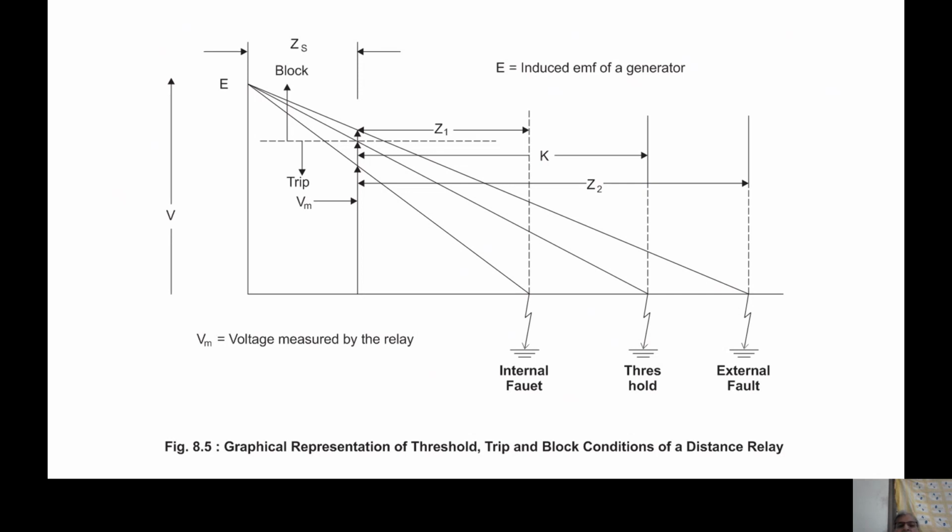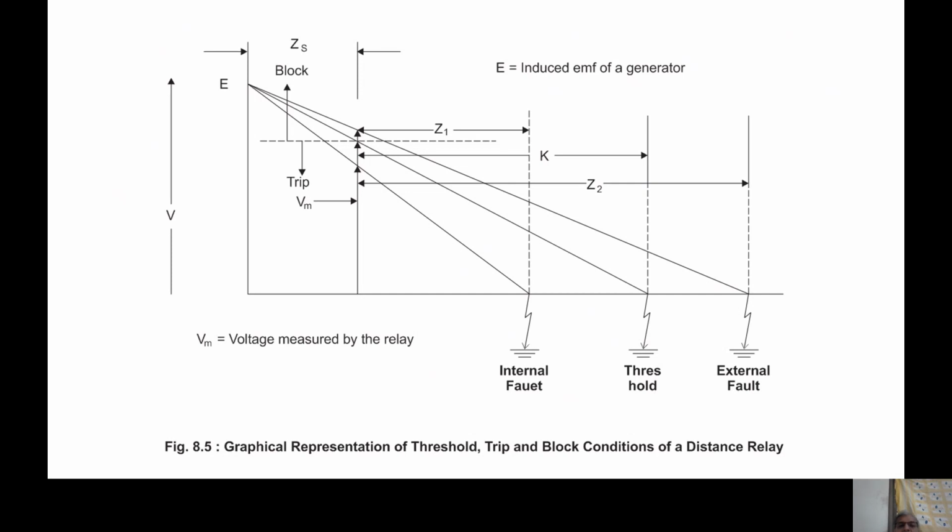And if the fault is outside, there is another voltage Vz, Iz2, right? Iz1, Iz2 are different conditions. That means for the operate value, what will be the condition? For the threshold, what will be the condition?